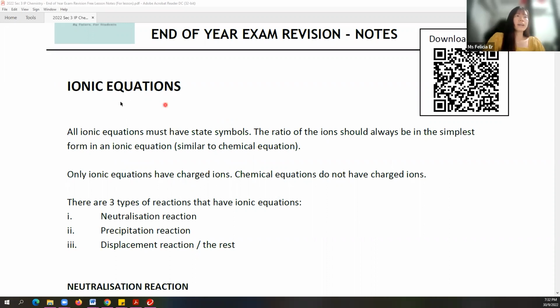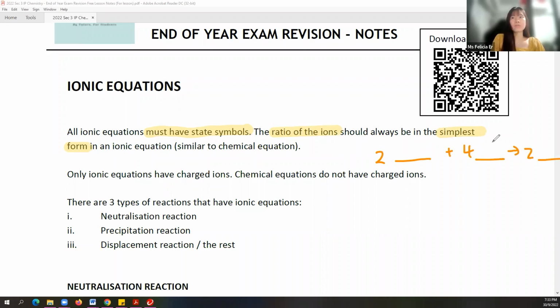For ionic equations, take note that when you write it, it is a must to have state symbols, because state symbols help you derive the answer. Whenever you write an ionic equation, the ratio of the ions should always be in the simplest form. For example, in a chemical equation, you don't write 2 of the substance plus 4 of this substance to get 2 of this substance.